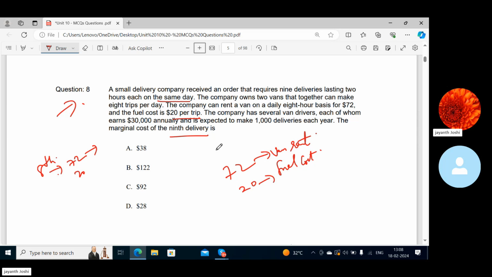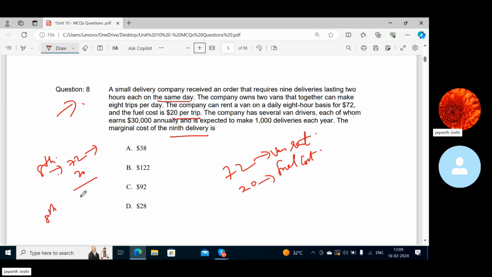For only one extra unit, that is from the 8th unit to the ninth unit, the additional incremental cost they're going to incur is the same thing, right?